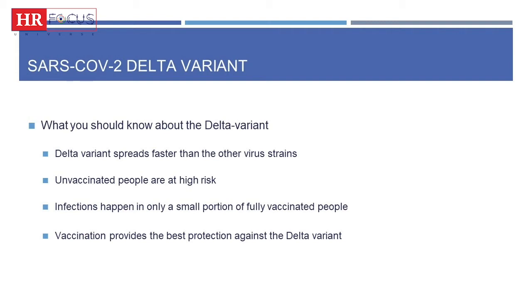The good thing is that even after infection with the Delta variant, if you are fully vaccinated, the likelihood of you getting a severe form of the disease is reduced to the barest minimum. So once again, it's further reinforcing the fact that it is very, very necessary to get yourself vaccinated.